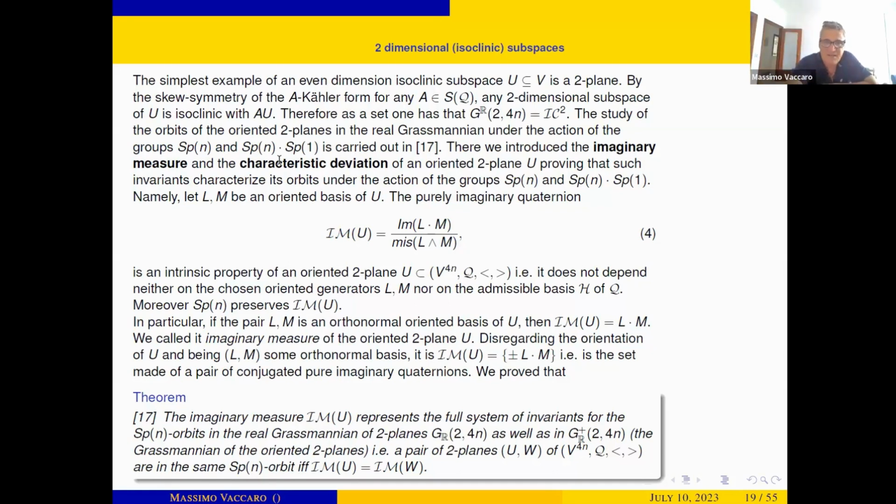Then, in fact, I stated the theorem: the imaginary measures, with just these values, this imaginary quaternion, represent the full system of invariants for the Sp(n) orbits in the real Grassmannian of two planes, as well as the Grassmannian of the oriented two planes. That is, a pair of two planes U and W are in the same Sp orbit if they have the same imaginary measures. This was, let's say, an old way; I used to say something that now I would say in this way.